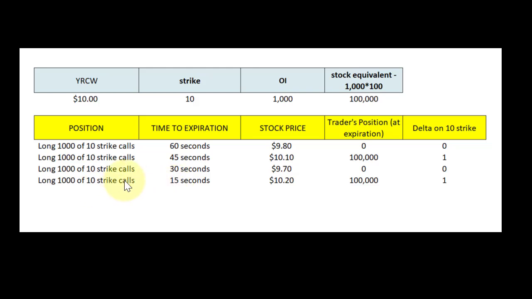If it expired at 10.01, you're definitively long 100,000 shares because the rule is if you expire 1 cent in the money, the exchange is going to assume that you want to exercise your options. If it expired at 9.99, you're not going to have any position because the exchange is going to rightfully assume that you don't want to be long stock from 10 if it's trading at 9.99.